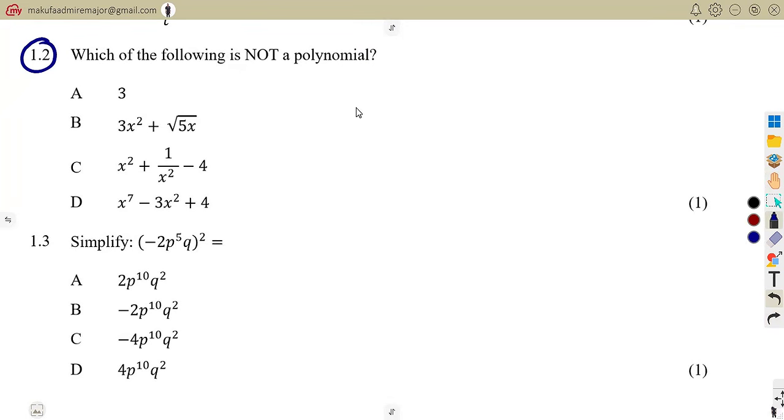Remember that a polynomial is an algebraic expression which consists of one or more terms. So it must have one or more terms for which the exponents are natural numbers. So the exponents that we are given on those terms are supposed to be what?